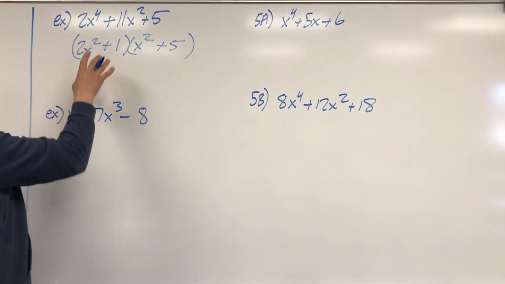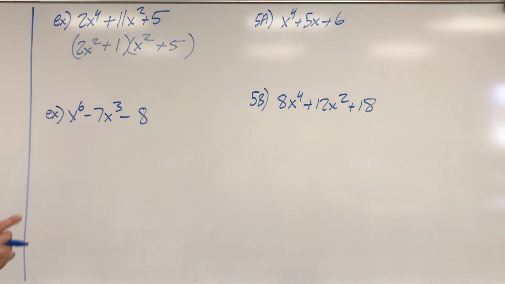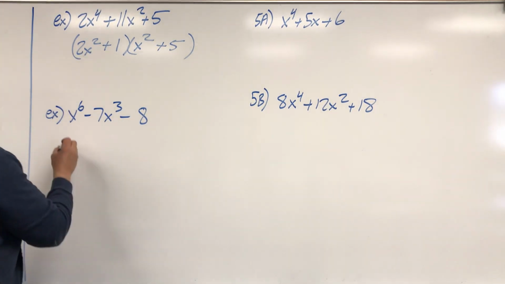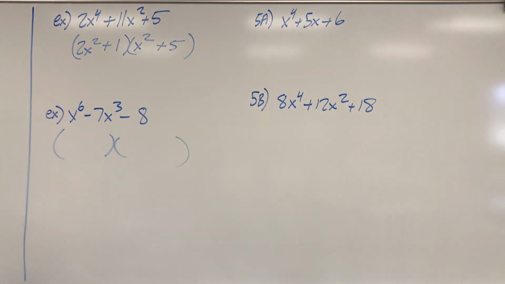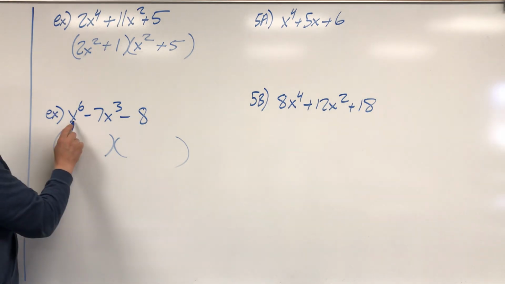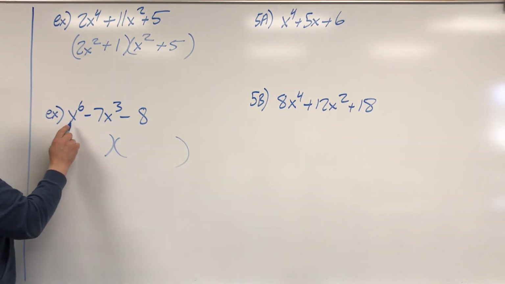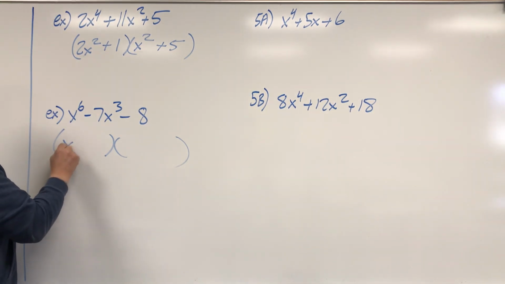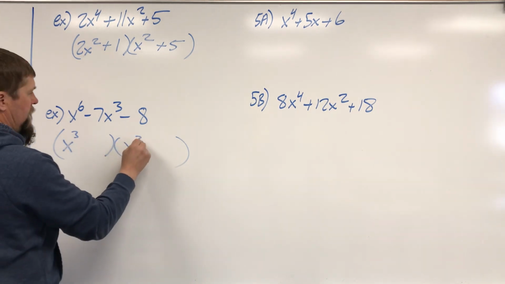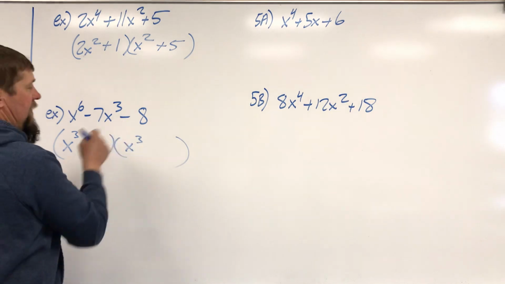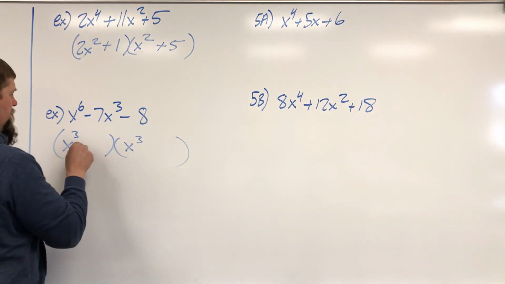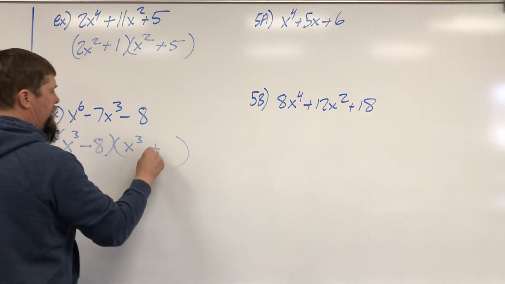Again, if you need to write it in quadratic form, that's different. This is just factoring. Let's go ahead and factor this one. I need two terms that multiply to be x to the 6th. Well, that's x cubed and x cubed. Two factors of negative 8 that add up to negative 7 would be negative 8 and positive 1.